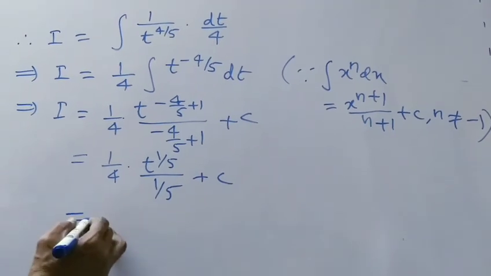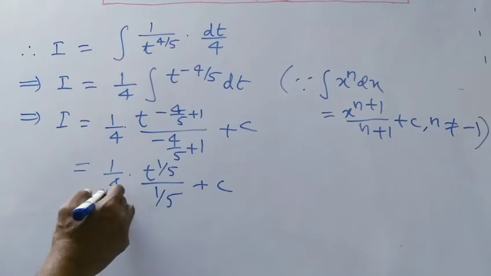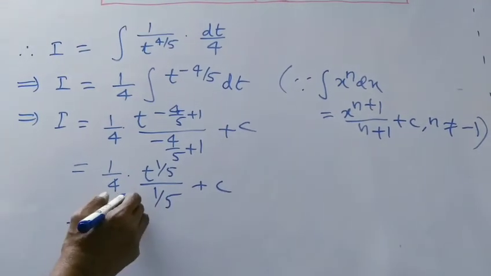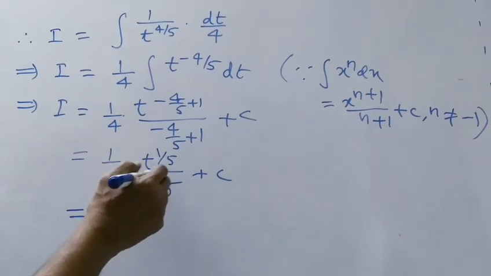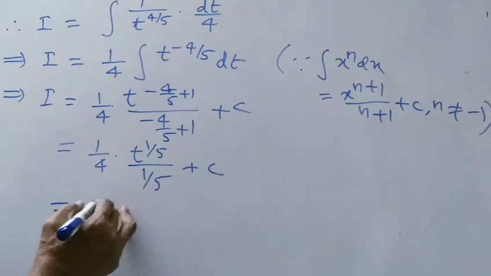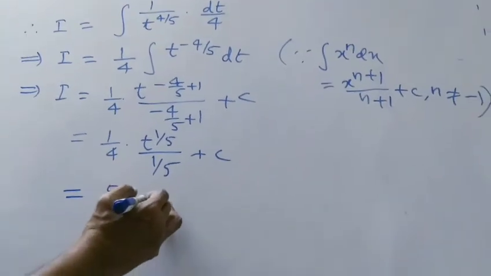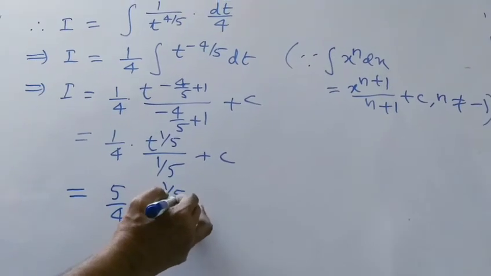So this is equal to 1/4 into t to the power of 1/5 by 1/5. It becomes 5/4 into t to the power of 1/5 plus c.